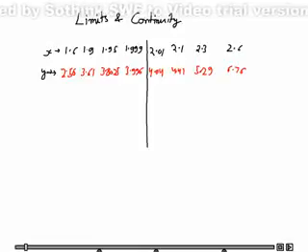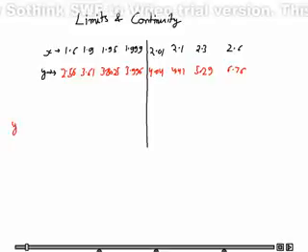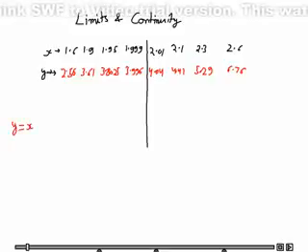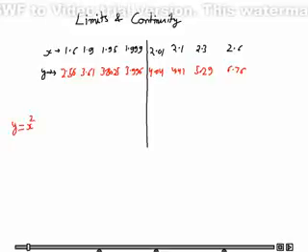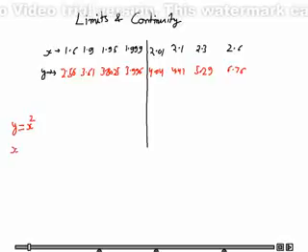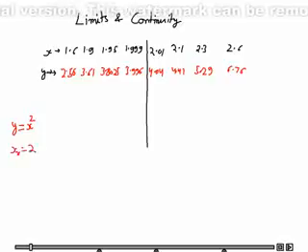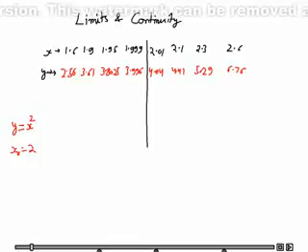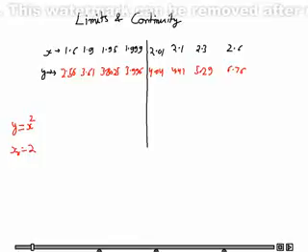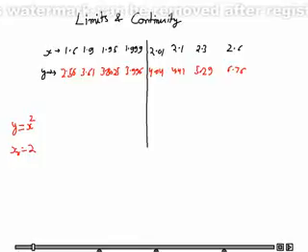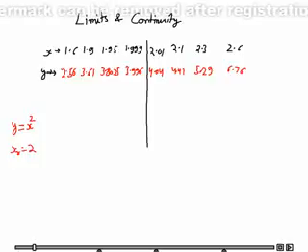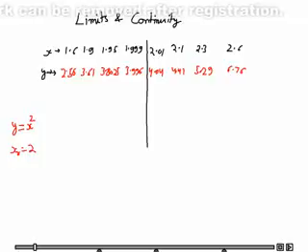We take any function y defined as x square. Now we take some point x0 equal to 2. Now take the values of x which progressively become closer to 2, calculate the corresponding values of y equal to x square, and tabulate them in a table.